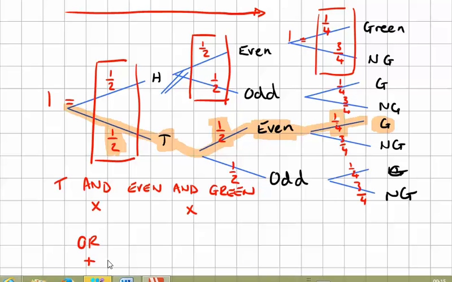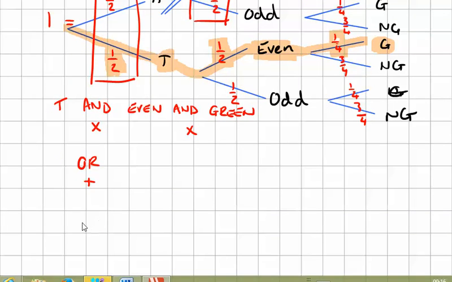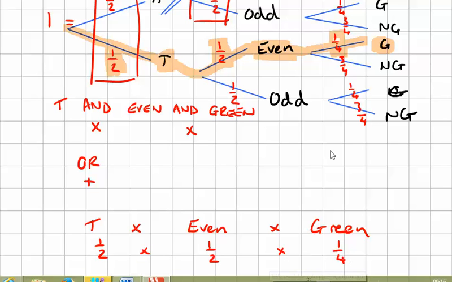Do you remember when we were doing the probability of getting a 3 or a 6 on a dice? You added those together. But when we've got this word "and", moving this way, we have to multiply. So we've got tails multiplied by even multiplied by green. That would be 1/2 multiplied by 1/2 multiplied by 1/4. And the answer is 1 out of 16.